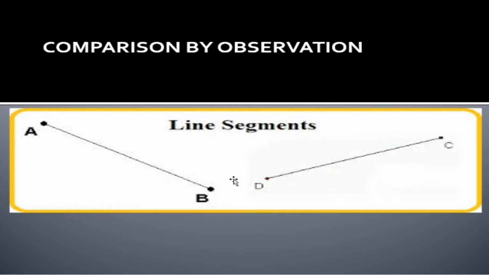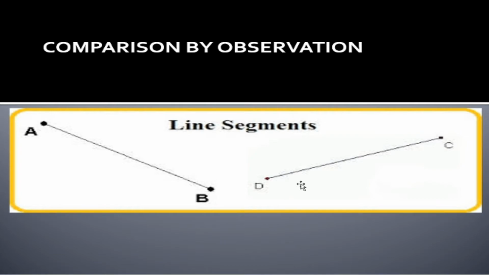But in this case, can you tell just by observing the two line segments which is longer, AB or CD? Here it becomes a bit difficult to tell.